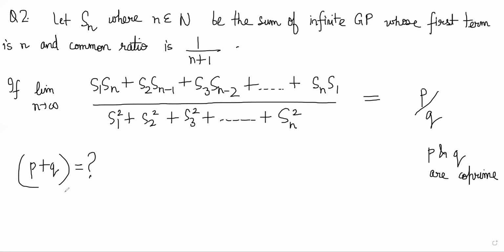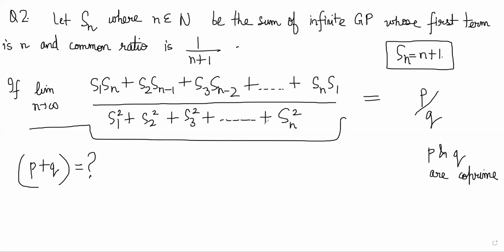So S of n is n plus 1, if you put it in the formula like n by 1 minus 1 by n plus 1. You're getting S of n is n plus 1. Then if you make the series, you should write this as a general series in K. So you should say that it is limit of n tends to infinity.